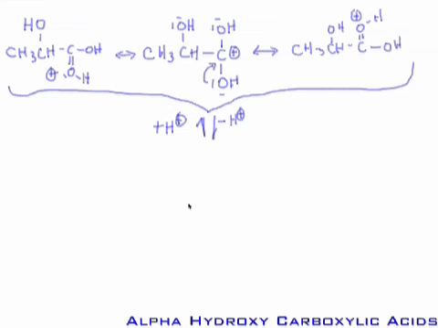And in fact, at the loss stage of this reaction, I may have used equilibrium arrows, and that may have been inappropriate. We'll go back and look at that in a second. But when you lose a proton here, what you finish up with is this molecule, an α-hydroxycarboxylic acid.